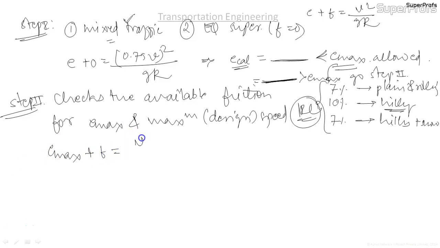So step number 2 will be e max plus f equal to V square upon gR, and check that this calculated f value is less than 0.15.